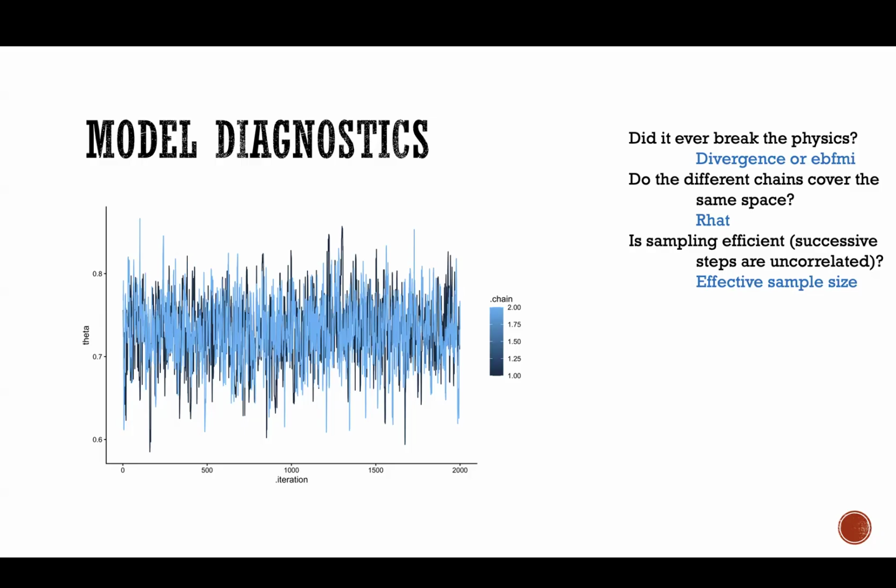This is then transformed into something called an effective sample size. The more correlated your steps are, the less your iteration counts. Let's say that you had 2,000 iterations after the warm-up. If your steps are very correlated, it might tell you that the effective sample size is 200.